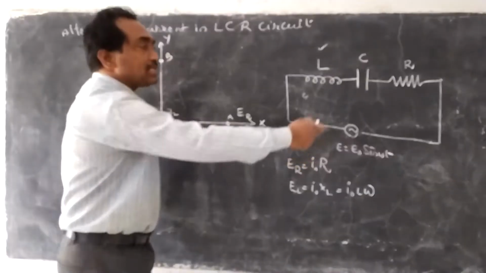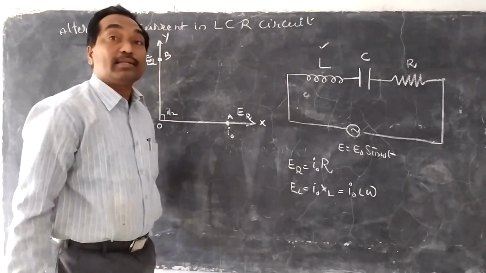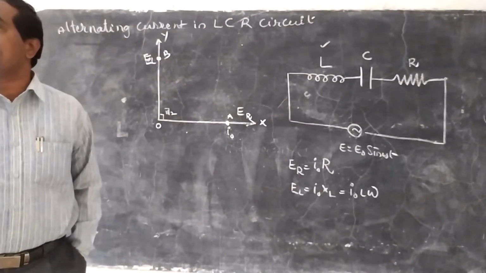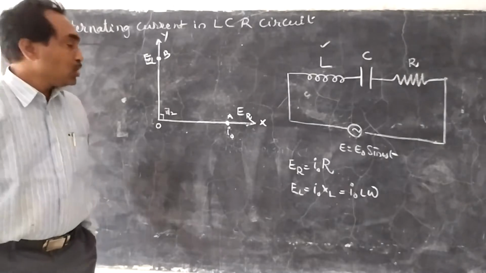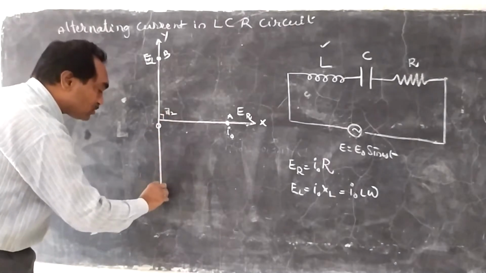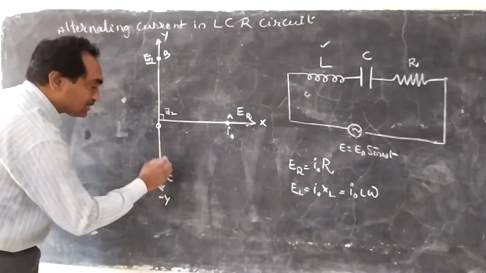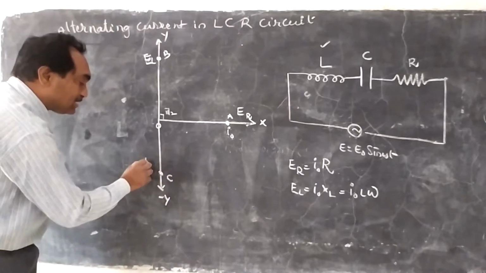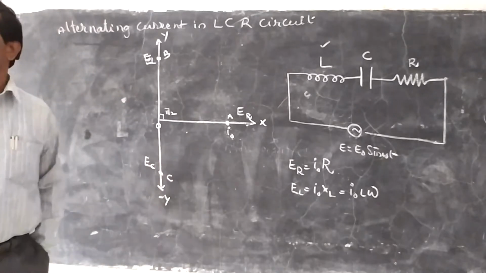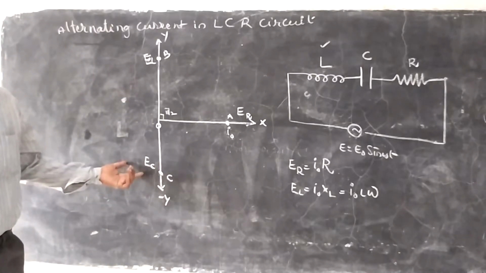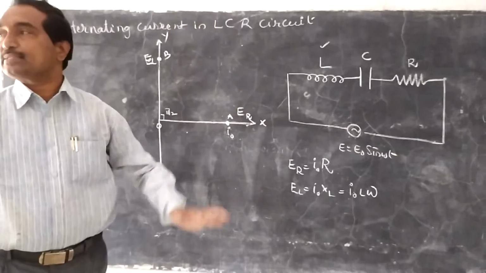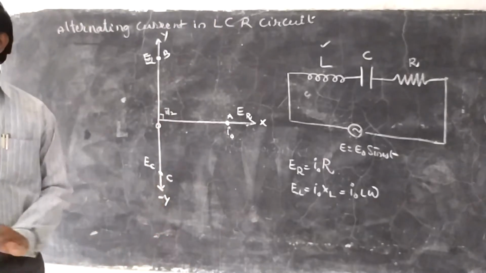And in the case of capacitance, the alternating voltage lags behind the current by 90 degrees. So this is along the negative y-axis. If it is taken as C, OC represents EC, the alternating voltage across the capacitance, along the negative y-axis.